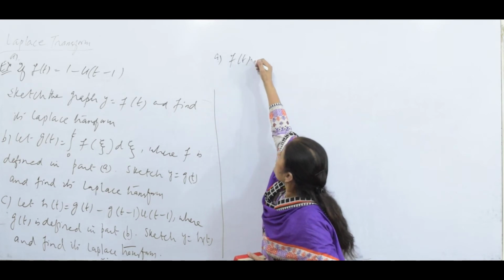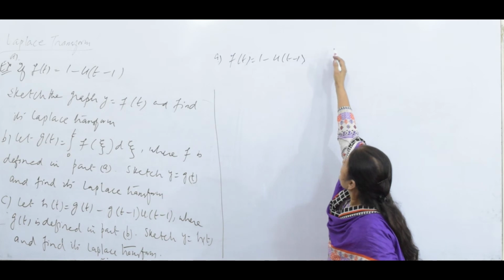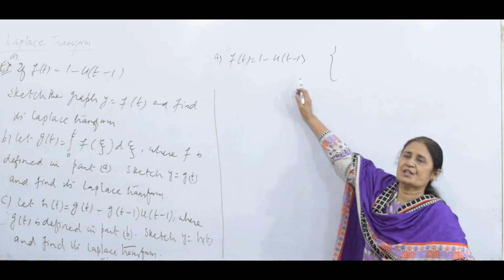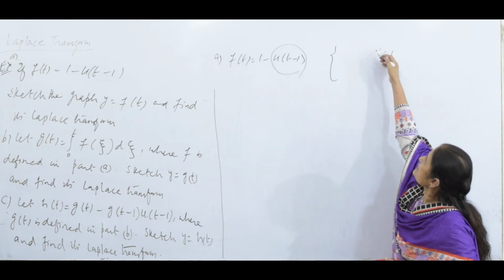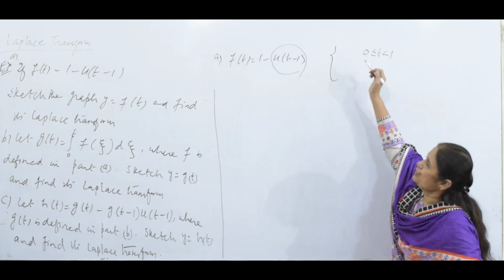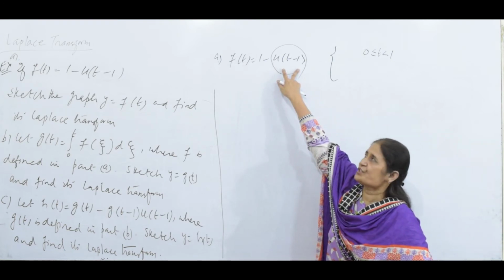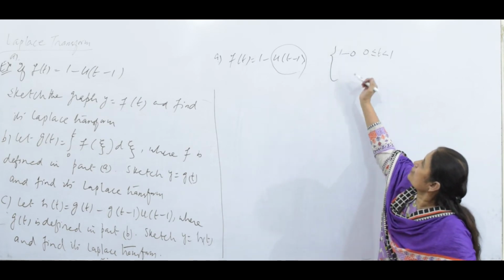F of t is 1 minus unit step t minus 1. Let us have a graph for it. Since there is one unit step function, let us start with t less than 1 and greater than or equal to 0. If t is less than 1, according to the definition the unit step is 0, so 1 minus 0.